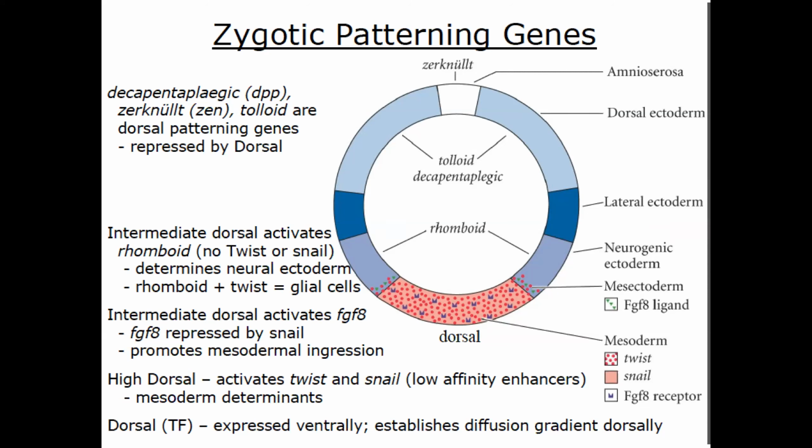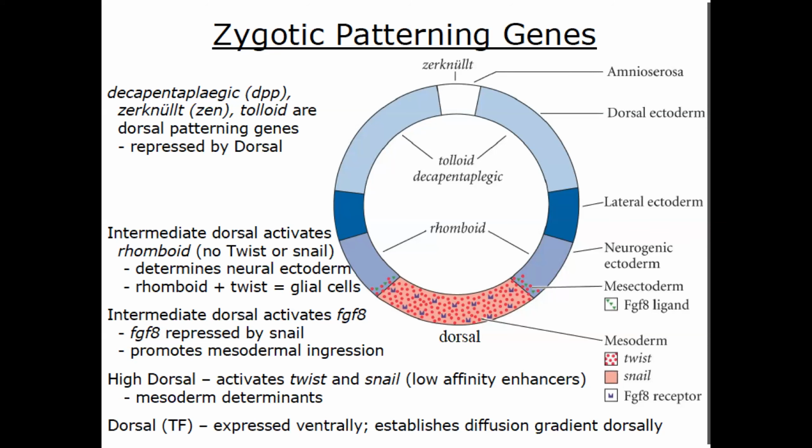So if an embryo has to generate axis and asymmetry, roughly what are the mechanisms that could be employed?